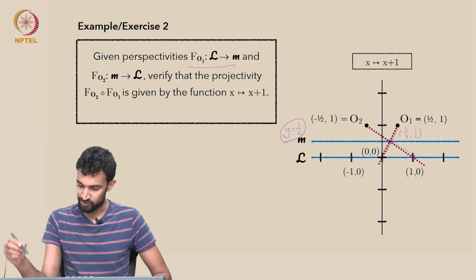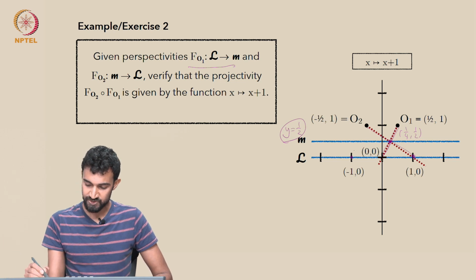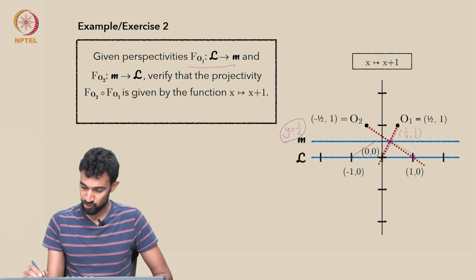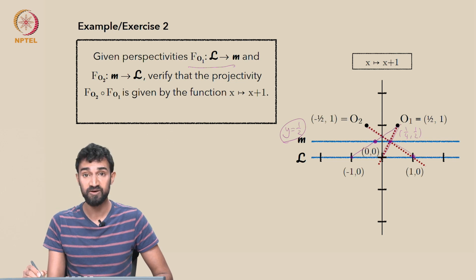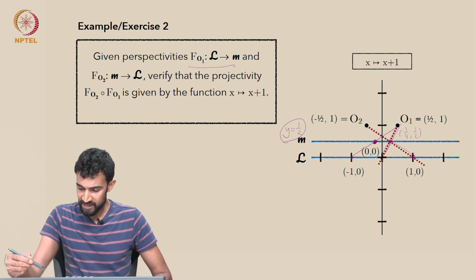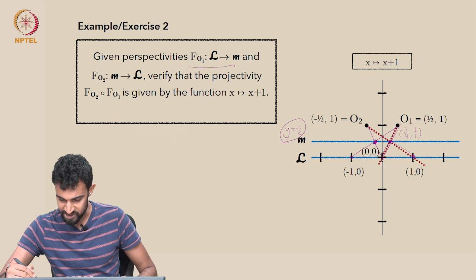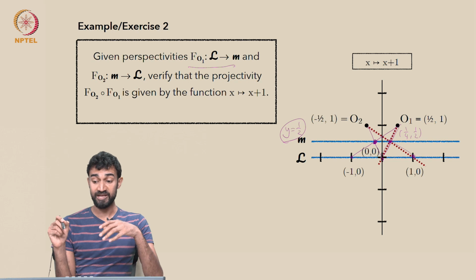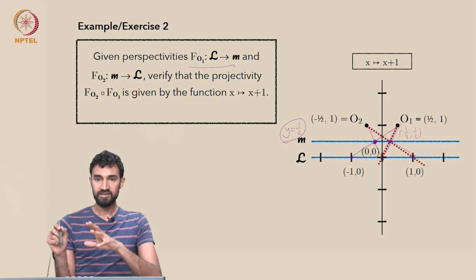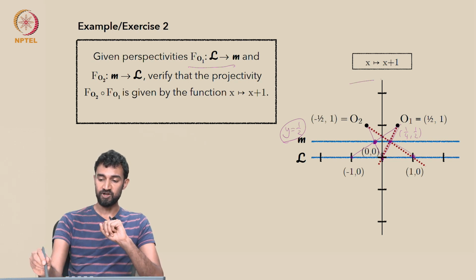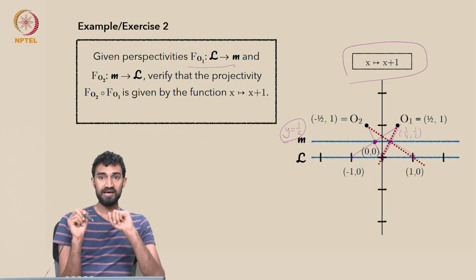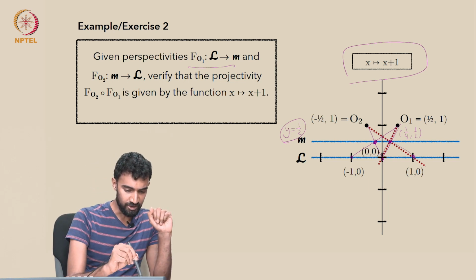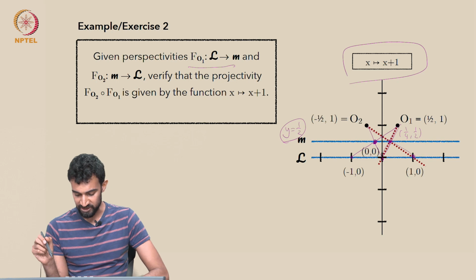So -1 is pulled up to this point via FO1, and then via FO2 it's pushed down to 0. So -1 maps to 0. So you can verify for yourself algebraically that this construction here actually represents the function x goes to x plus 1. And part of that will be on the homework assignment as well, so do take a look at that.